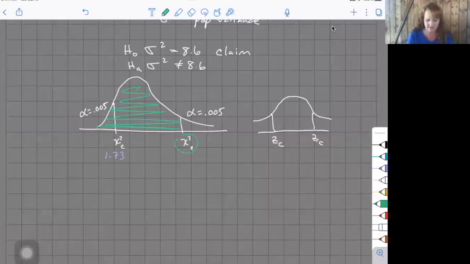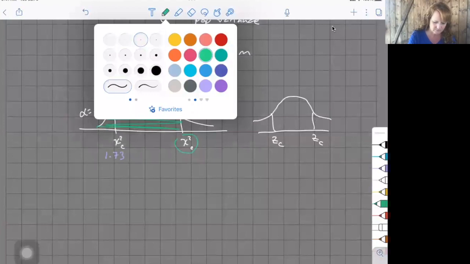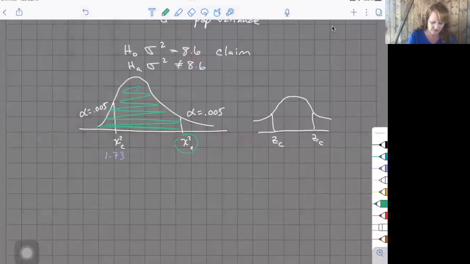I'm going to go 1 minus 0.005. That's going to be my green section. So if my yellow section is 0.005, then the green is going to be 1 minus that.